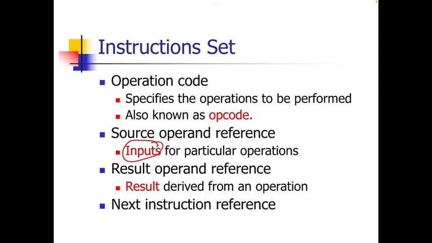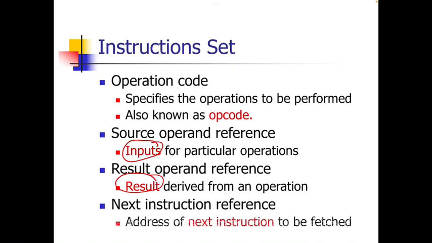The result means the result derived from the operation, and we can also say that the result is the destination. The next instruction reference is the address of the next instruction. So that means we have an address in the fourth part of our instruction.